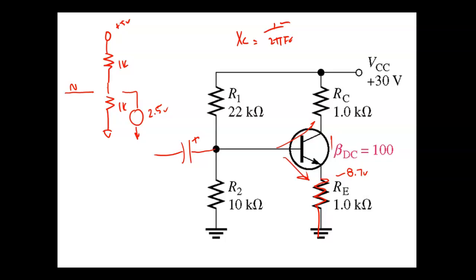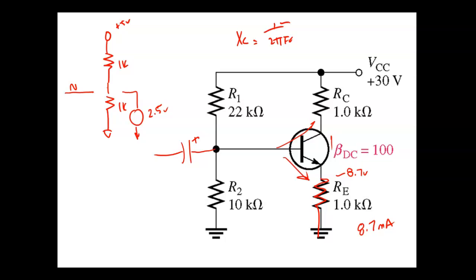It can't, because we've got IC set. We've got IC set at what? We've got IC set at 8.7 milliamps. If temperature tries to go up, it's not going to change because we have the emitter current set.